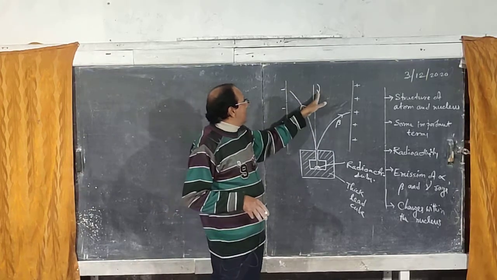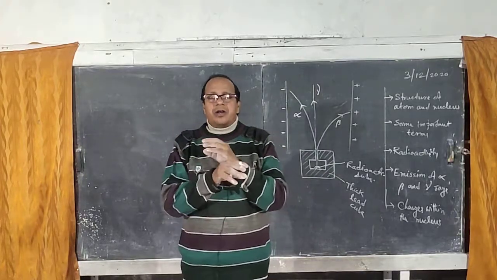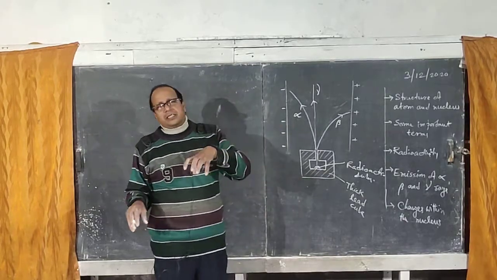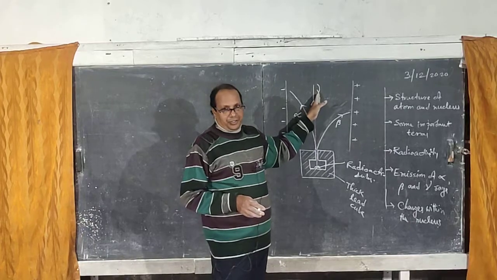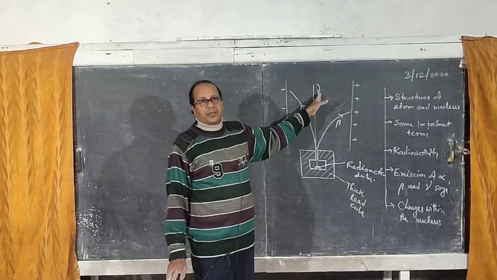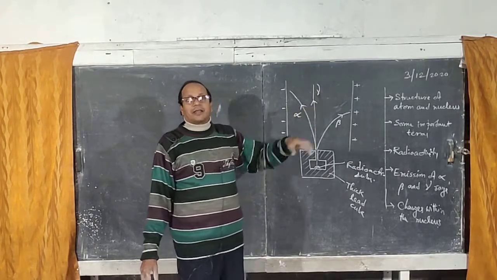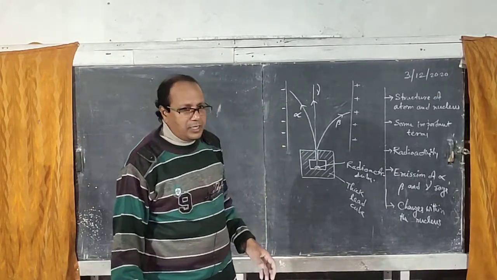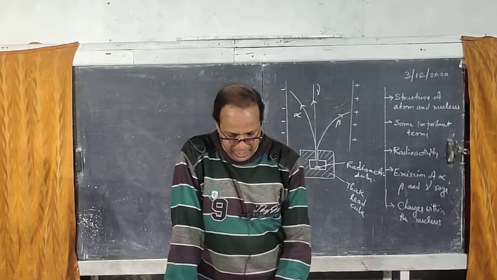And gamma rays are not affected at all by the electric field, or we can say by the magnetic field. It is uncharged, meaning it has no mass and no charge. It is more or less an electromagnetic wave like light rays. So from here we can think of the properties of alpha, beta and gamma radiations.